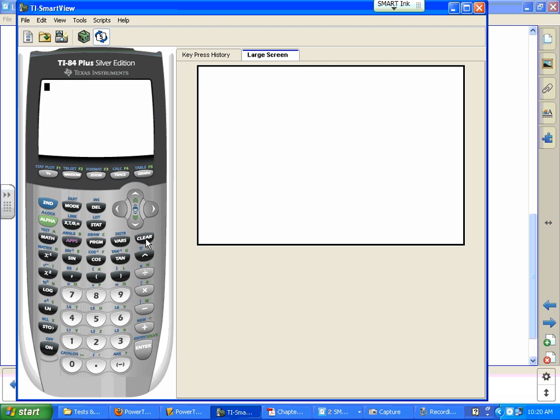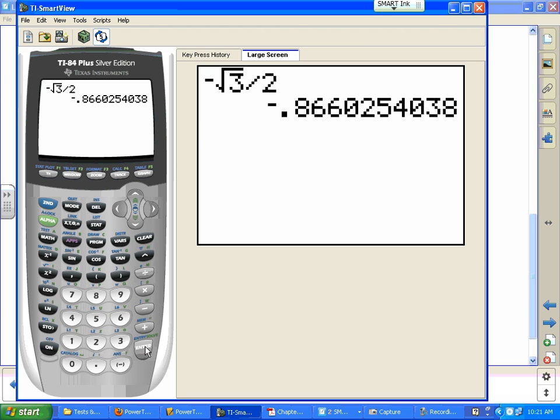Take out your calculator. Put in negative square root of 3 divided by 2. So here's the decimal value for negative square root of 3 over 2: negative 0.866.